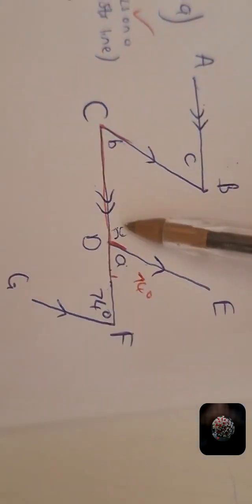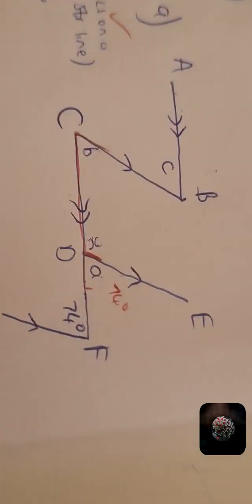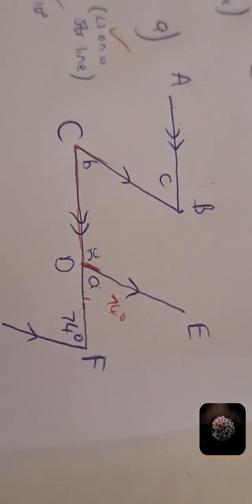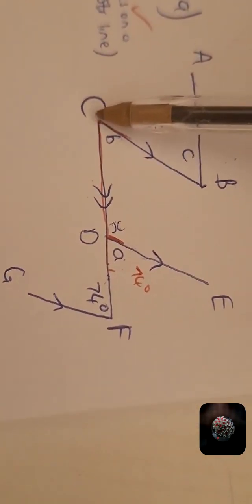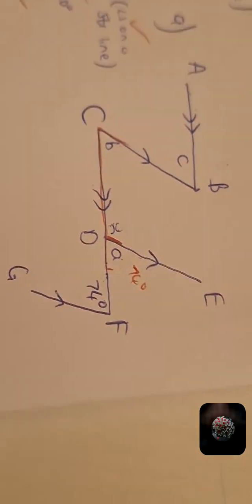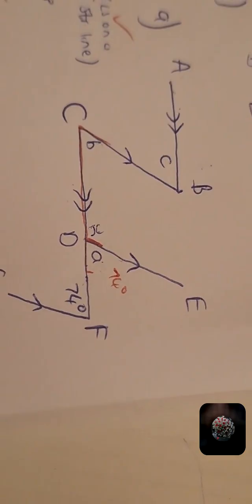If the diagram doesn't have them, then you need to tell me what this angle is in relation to the letters that you have. So this angle would be angle CDE. Thank you, Landiwe. It's very important.